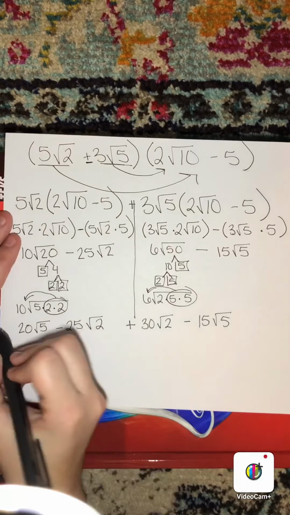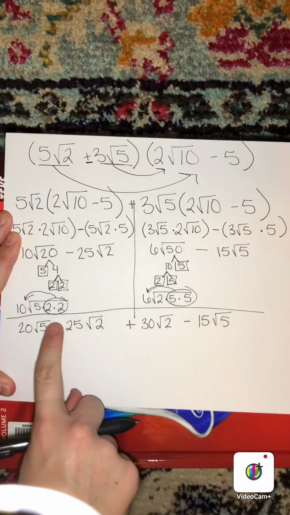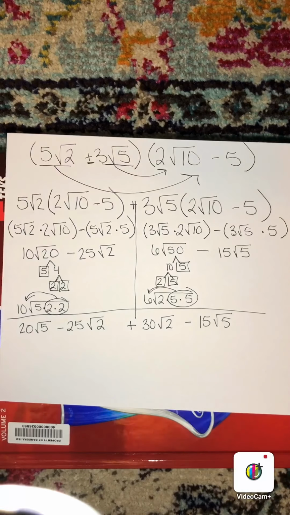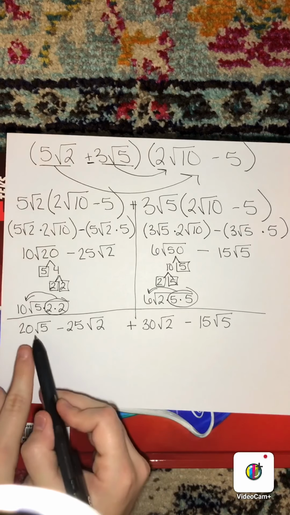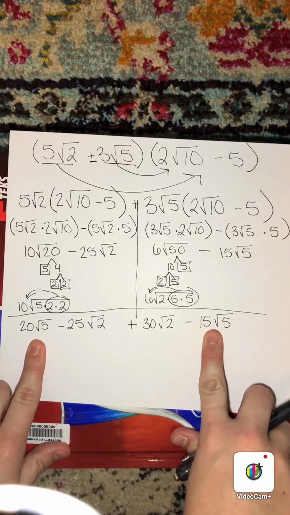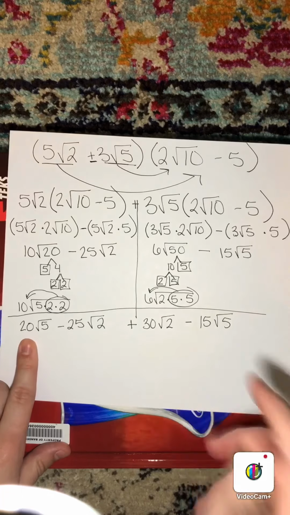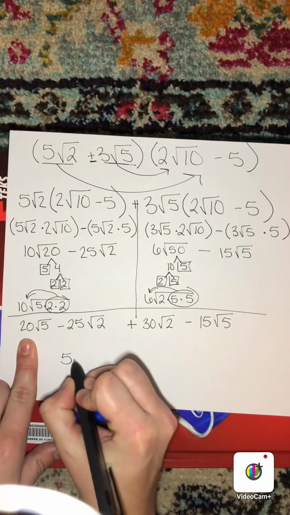All right, so now we've simplified down to this equation down here. And now I can just start combining anything where the numbers inside the radical are the same. So I've got 20 radical 5, and I've got minus 15 radical 5. So I can go ahead and combine those together. 20 minus 15 is 5 radical 5.